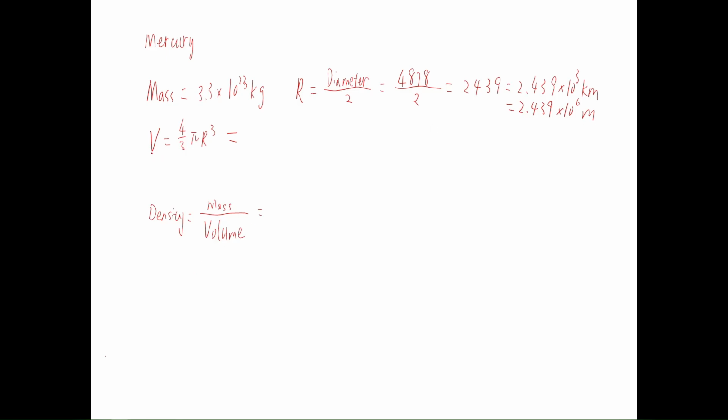This is the formula to calculate the volume. Volume is equal to 4 divided by 3 times pi, where we can use 3.14, times the radius cubed, which is 2.439 times 10 to the 6th power, then cubed.